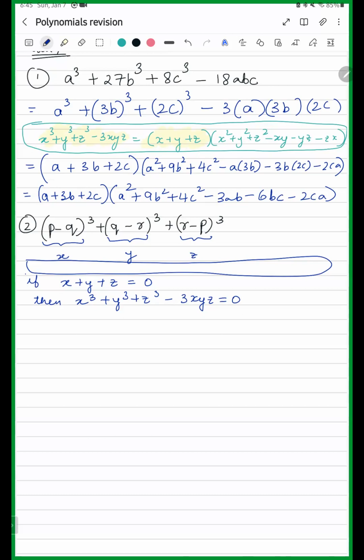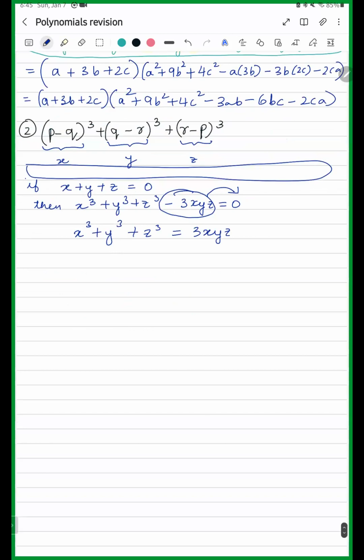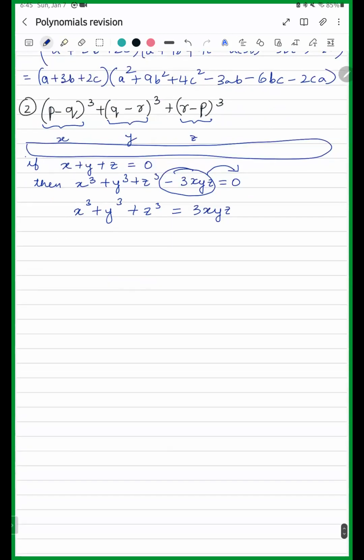And you can take this part of it to the other side, so what does it become? x cube plus y cube plus z cube is equal to positive 3xyz. So this is a very nice looking formula that we have obtained here, but this you will get only when x plus y plus z is 0.